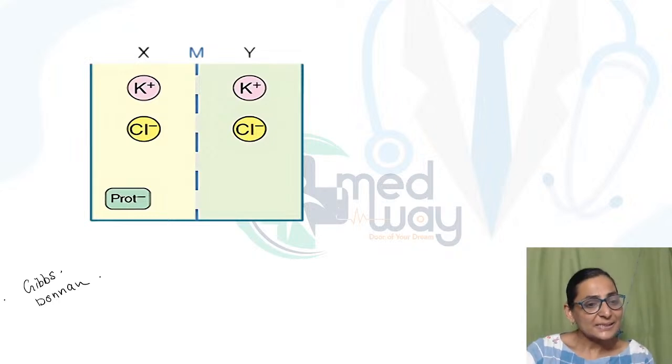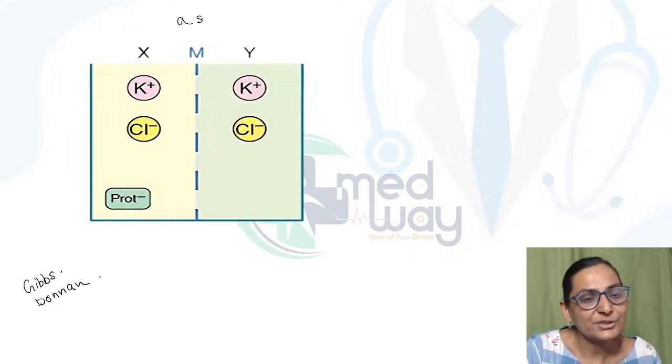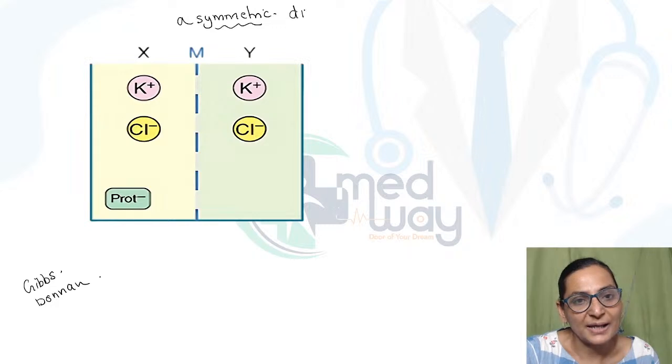Now this Gibbs-Donnan equilibrium gives us some idea when there is asymmetric distribution of ions.